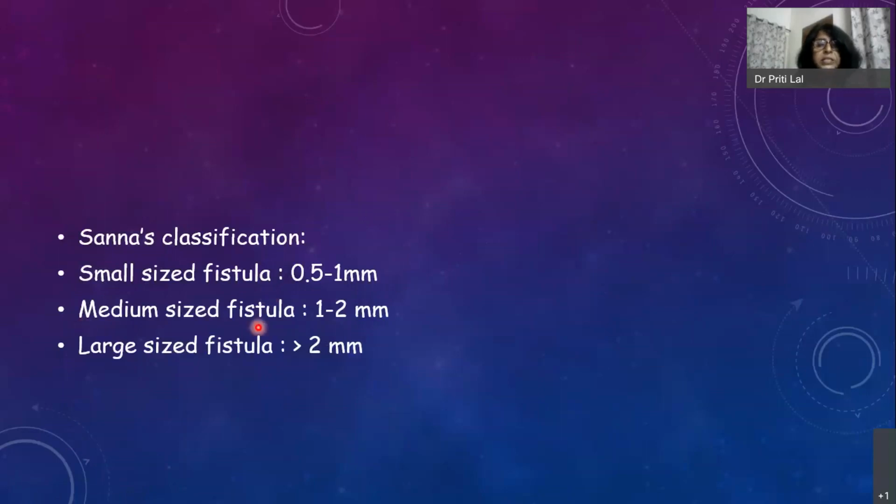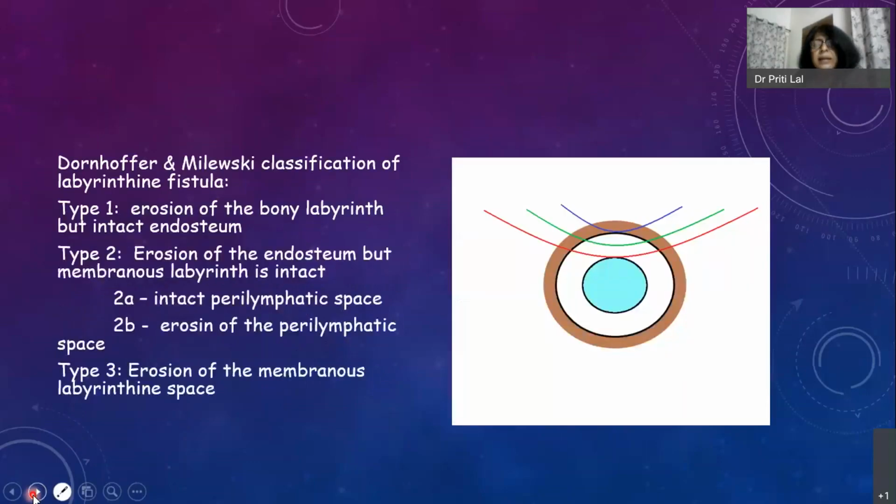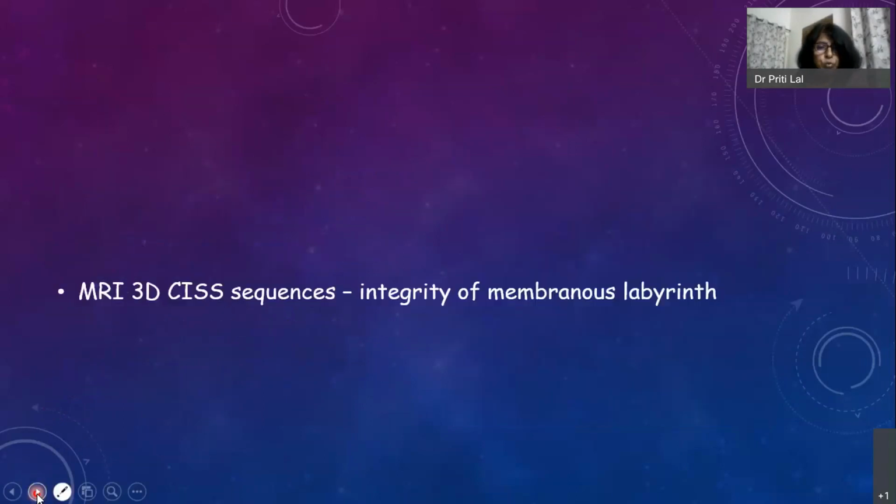A medium-sized fistula is of the size of 1 to 2 mm, and a large-sized fistula is more than 2 mm in size. There are other classification systems also, which are based on the involvement of the endosteum and the membranous labyrinthine space, but that is not very commonly used.